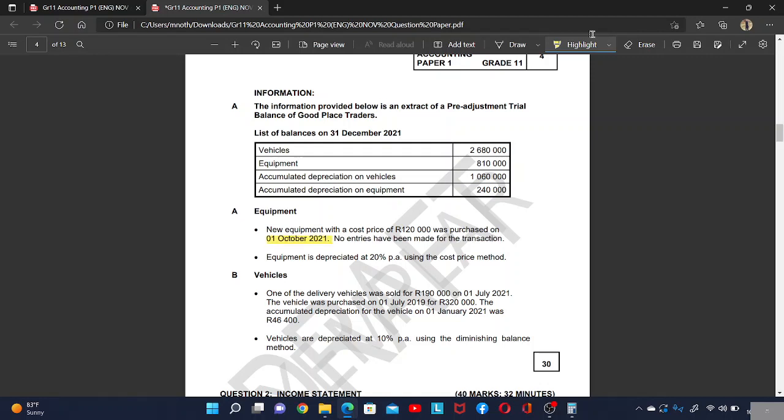No entries have been made, meaning that this equipment is not included in this amount. So let's go and do the calculations.